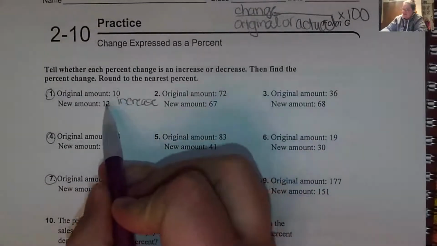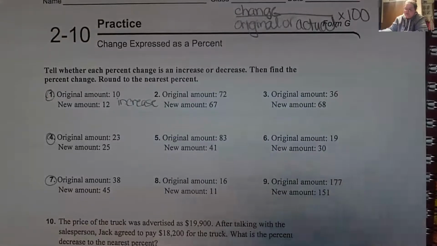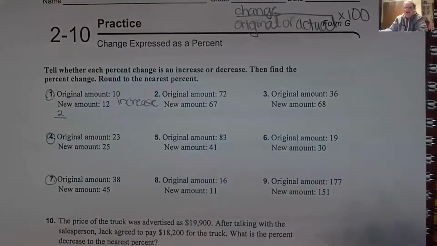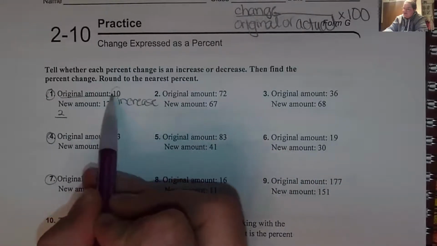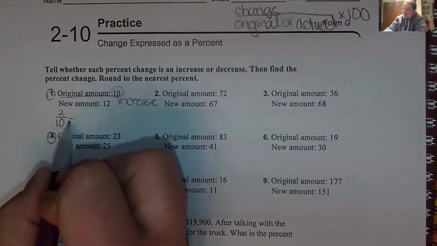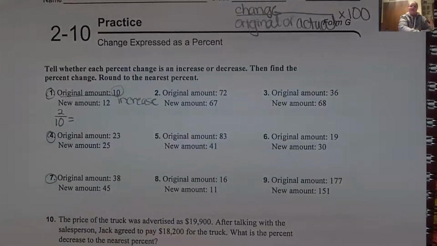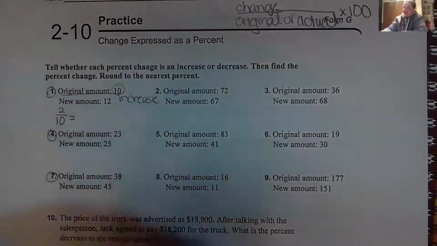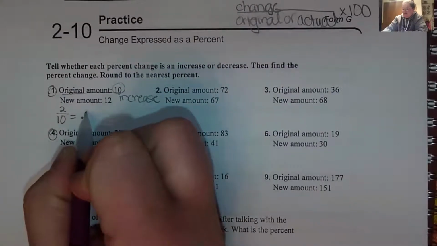Okay, so if I went from 10 to 12, my change would be 2. So I'm going to put that on top: 2 over, okay, my original or my actual? Well, I have the original here, which is 10. So I'm going to put 2 over 10. This is when I hope you have a calculator. Some of you can figure out what 2 divided by 10 is. That's fine. 2/10 is 0.2.